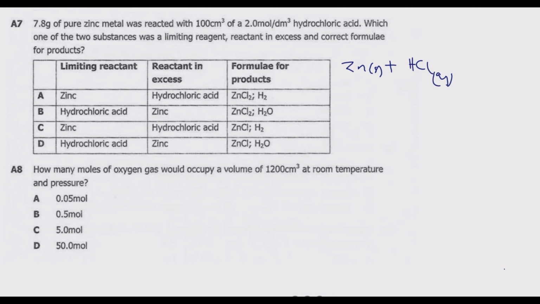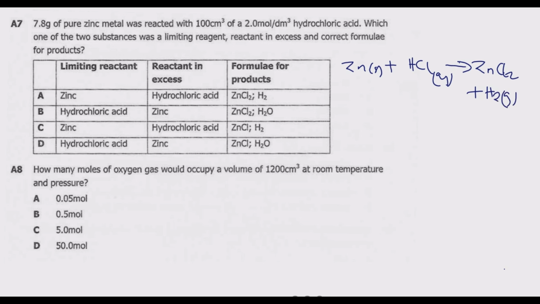So now what will happen is because zinc metal is more reactive than hydrogen on the reactivity series, it is going to replace hydrogen in the hydrochloric acid. So we are going to have zinc chloride, plus hydrogen gas.